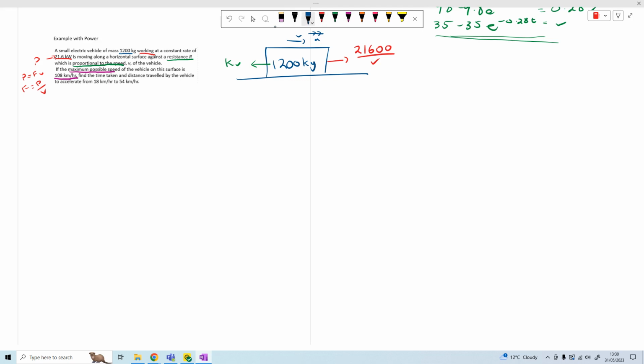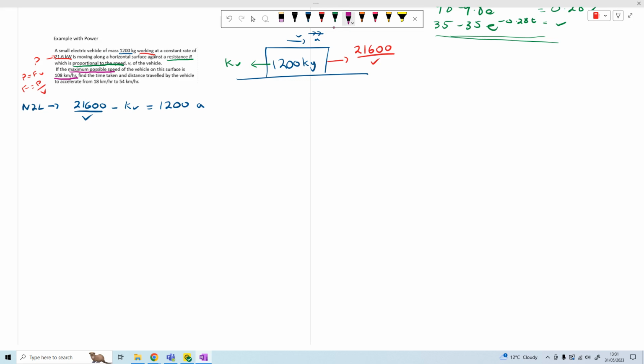So the first thing, let's do our normal thing. Let's use Newton's second law in the direction of motion. So that means I've got 21600 over V minus KV, that's in the opposite direction, is 1200A. First, I'm going to use this purple thing that I've underlined, and that's the fact that the maximum speed is 108 kilometers an hour.